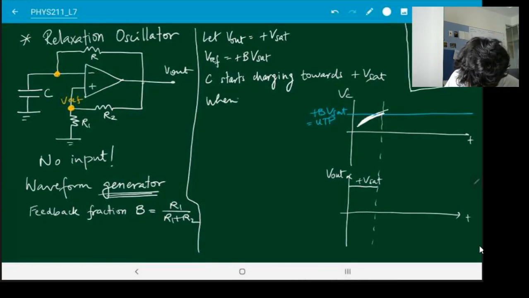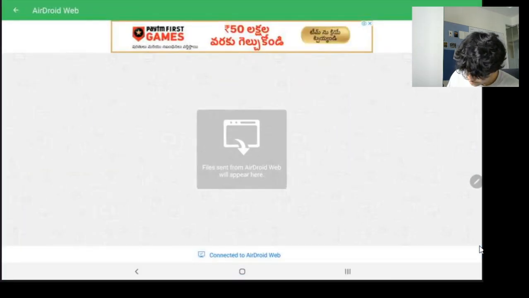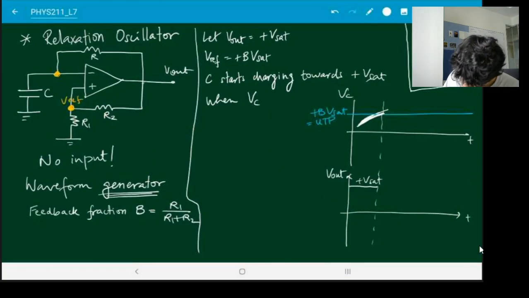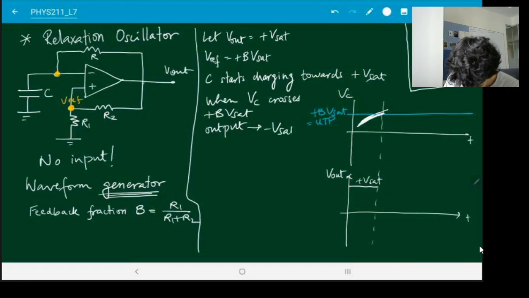So when VC crosses plus B VSAT, output becomes negative because it has tripped.